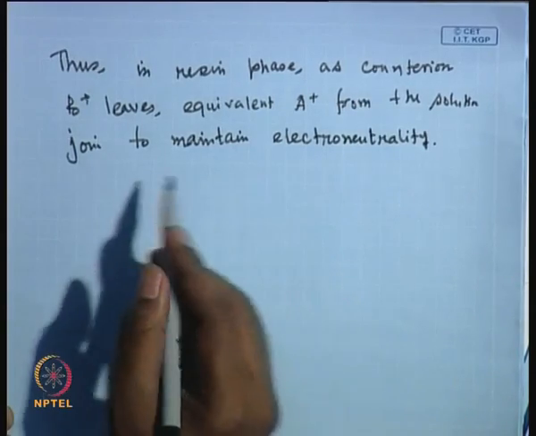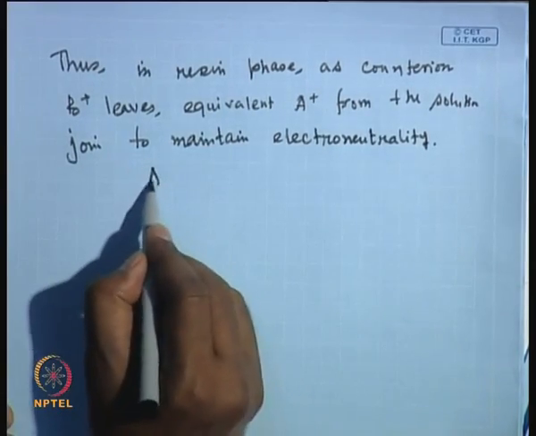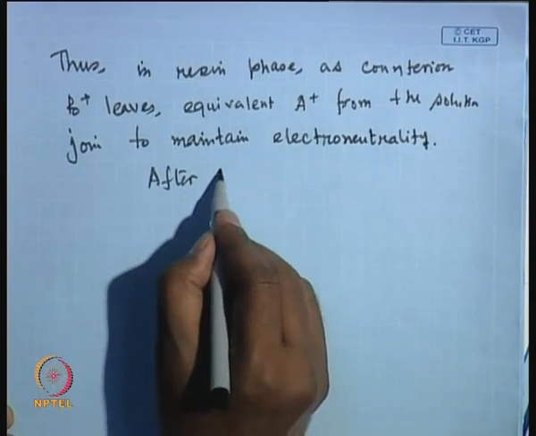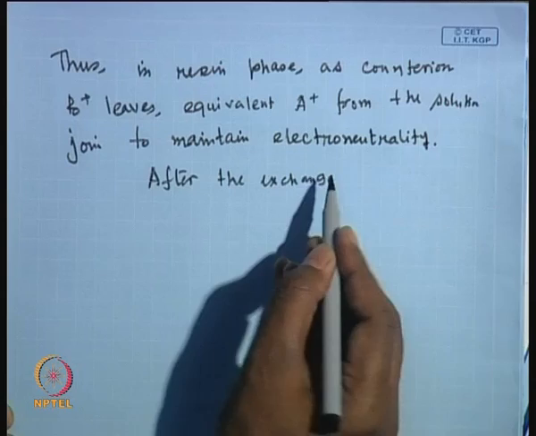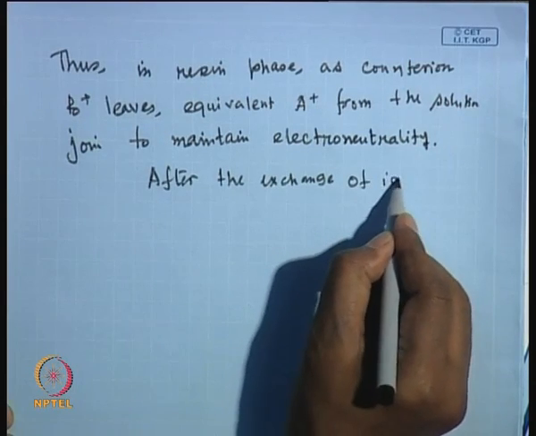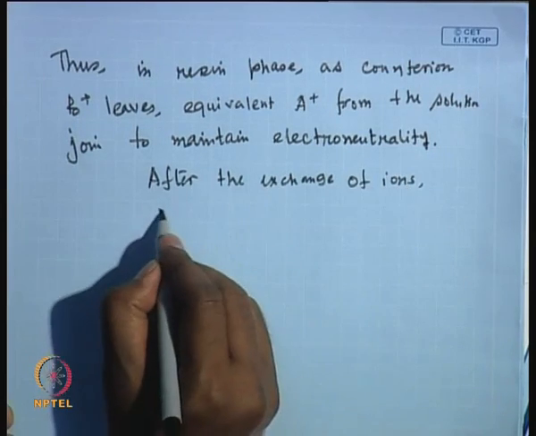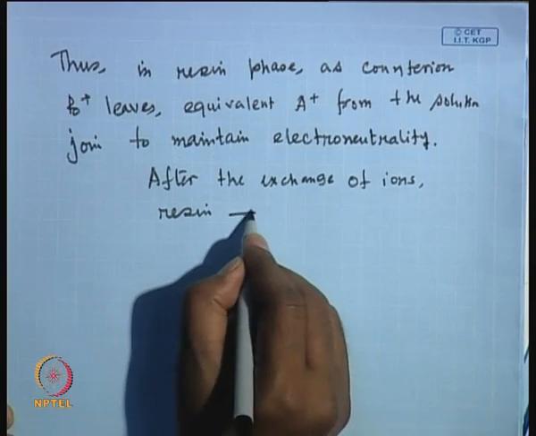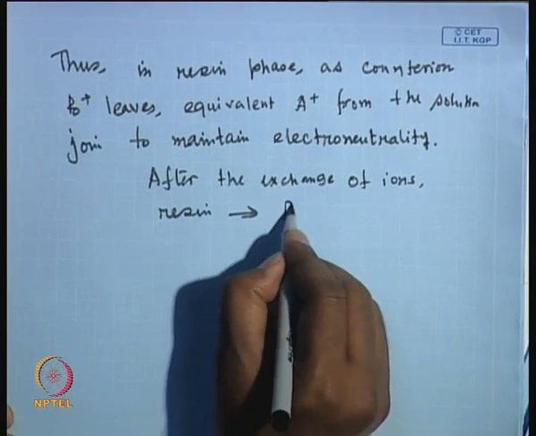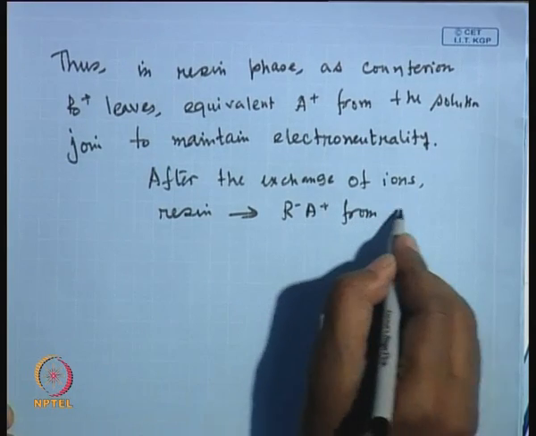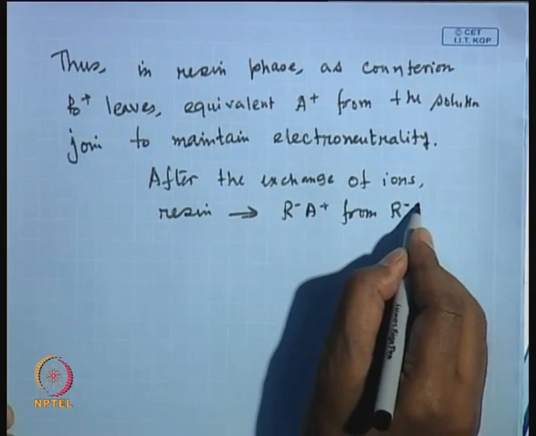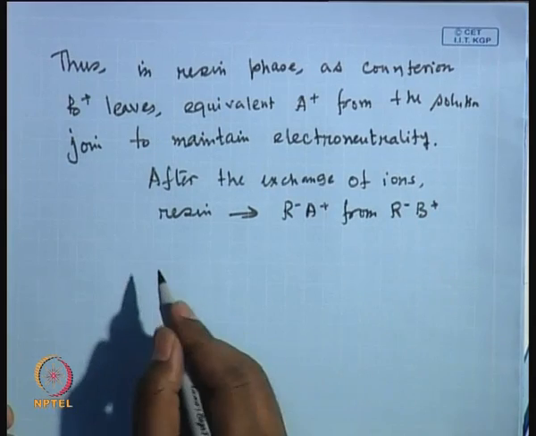Okay. So after the exchange of ions, the resin gets transformed from R minus A plus to R minus B plus. Okay.